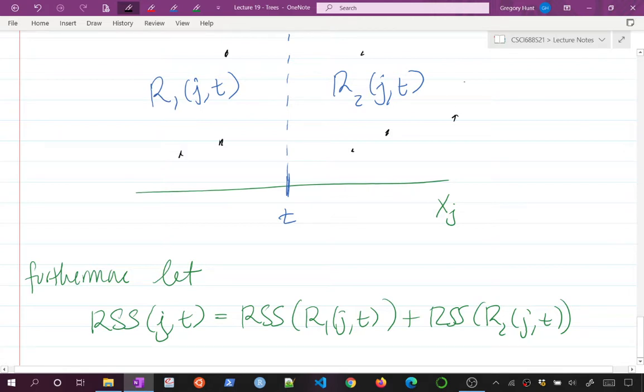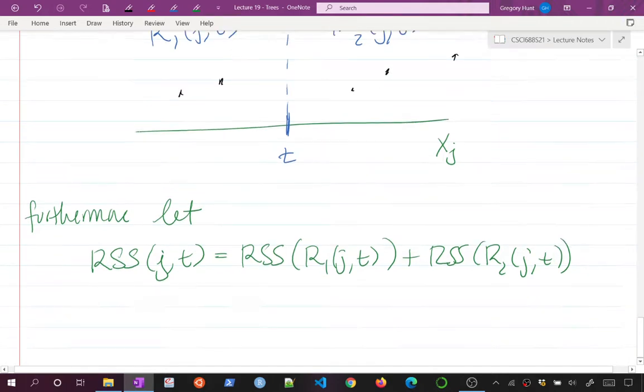Now that won't perfectly predict all of those points in our training data. Some of them will be wrong. So you calculate the RSS: the value of the true y at each of these points minus what you predict, square it, sum it up. That would be the RSS for each of those two halves.